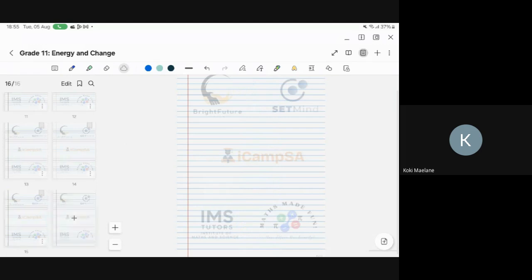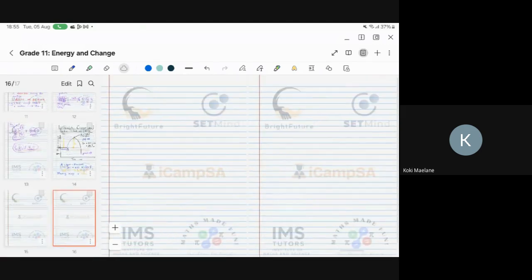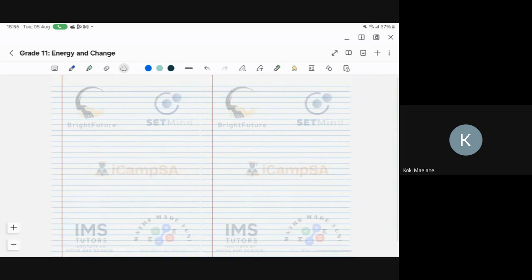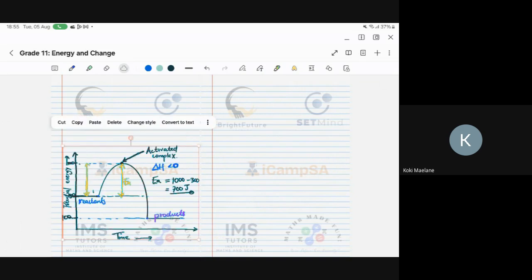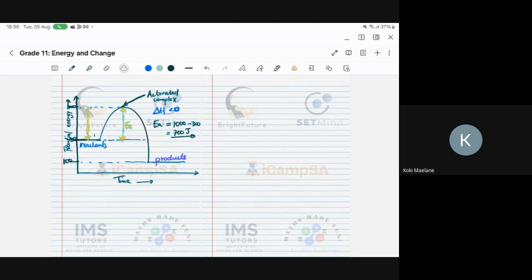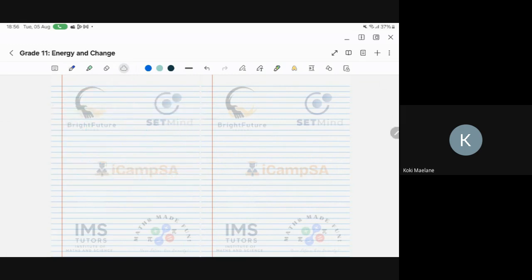Now we want to do an endothermic reaction. Actually, it's fine. Let's draw a new one.